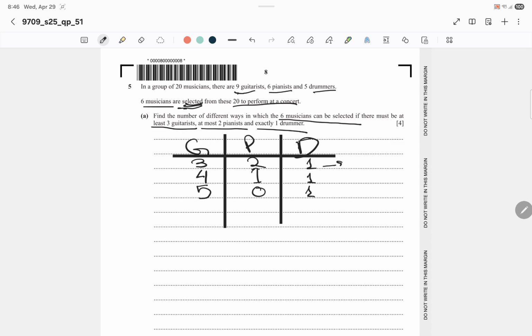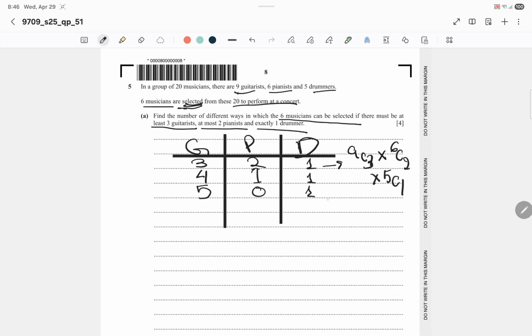So for the first one, we get 9C3 into 6C2 into 5C1, because that's a total. Out of 9 guitarists, you're taking 3. Out of 6 pianists, you're taking 2. And out of 5 drummers, you're taking 1.